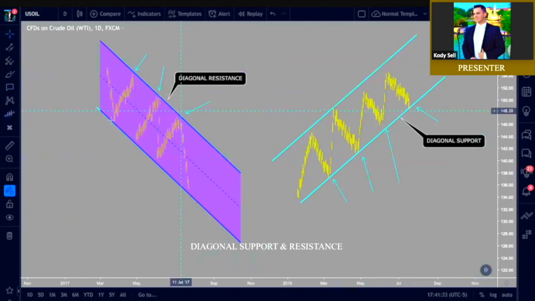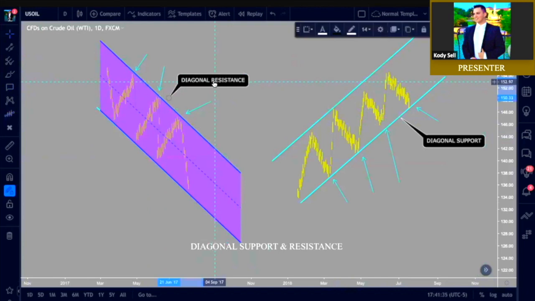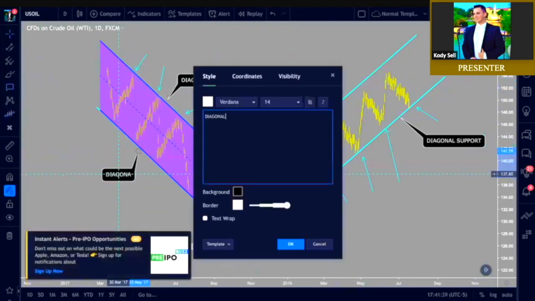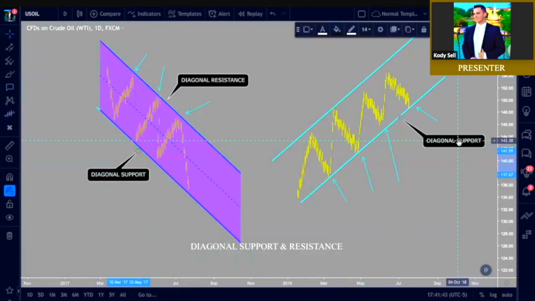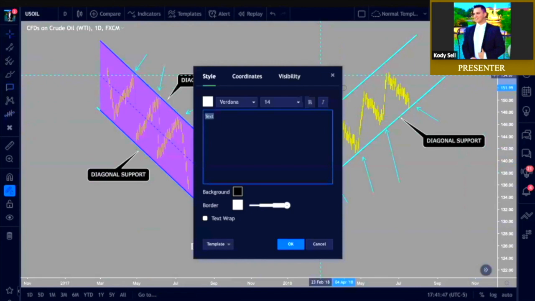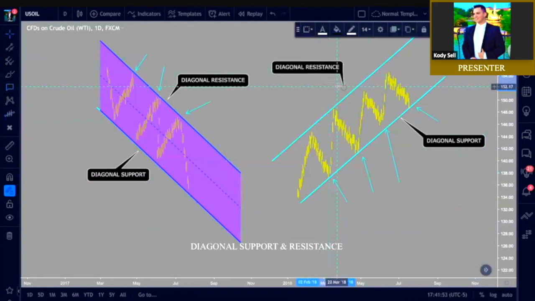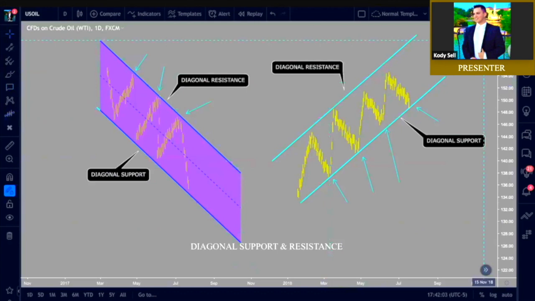So now in our downtrend, not only are we marking our diagonal resistance, we are identifying a diagonal support. Here in our uptrend, not only are we marking the diagonal support, we are marking the diagonal resistance. All right, and thus we form our channel. So let's shoot over to the market and identify some price channels.